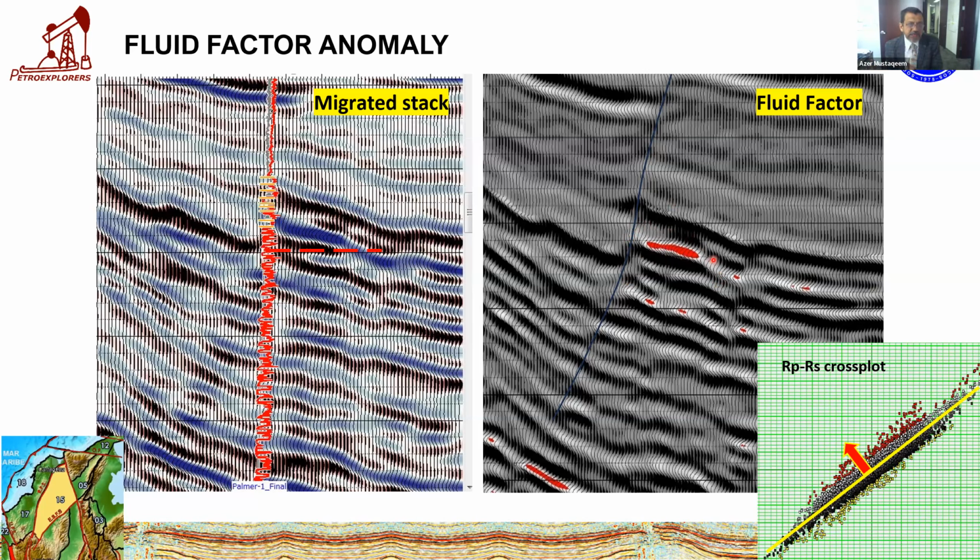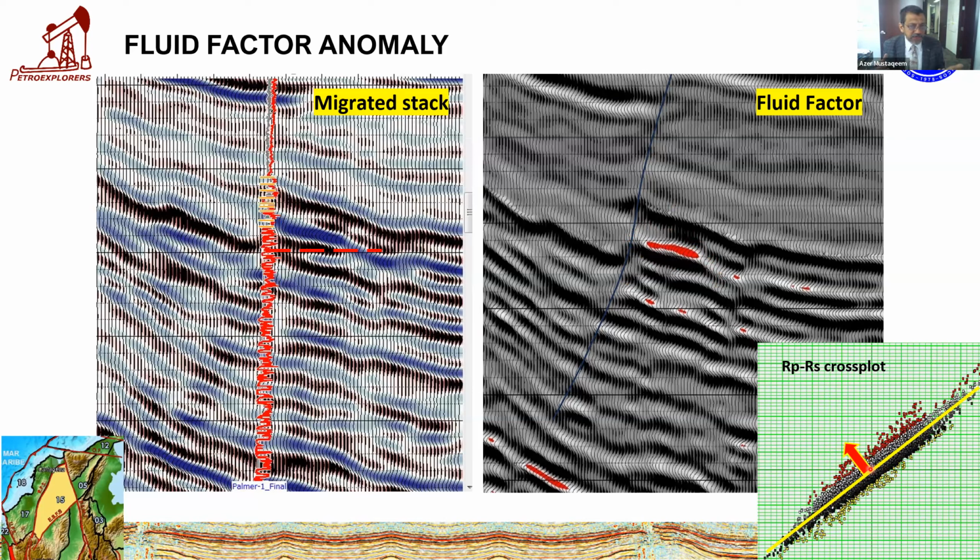Now, explaining the fluid factor, you can derive it from AVO intercept and gradient, and you can derive it from the RP-RS cross plot, which is usually used. So how much you are away from the background, that is what we call it.